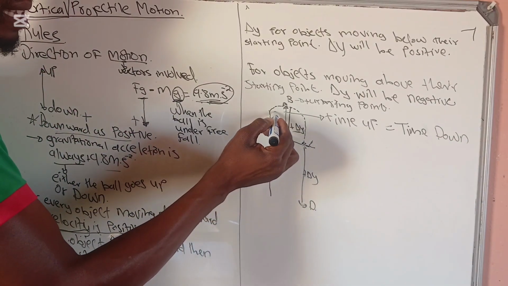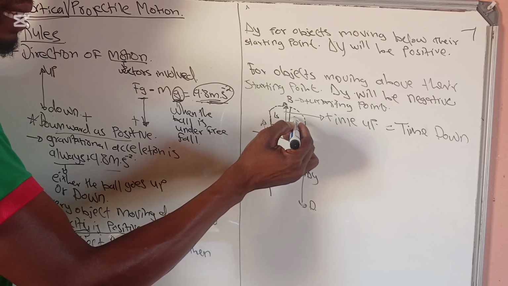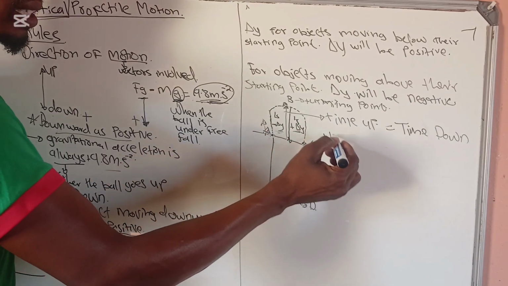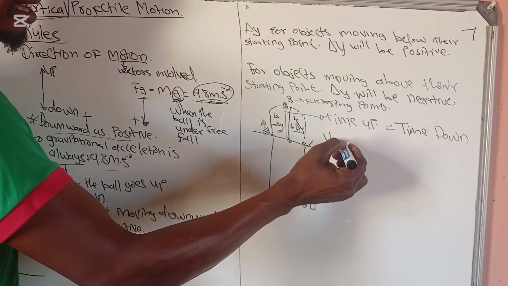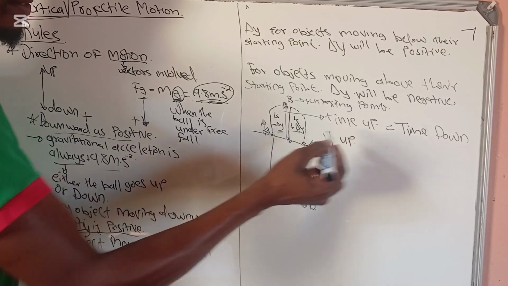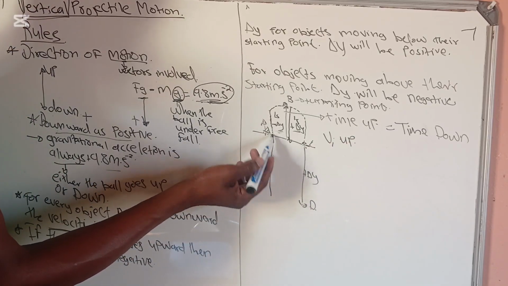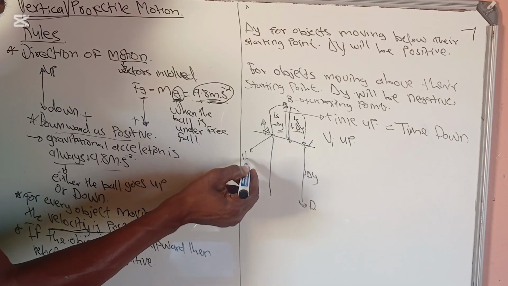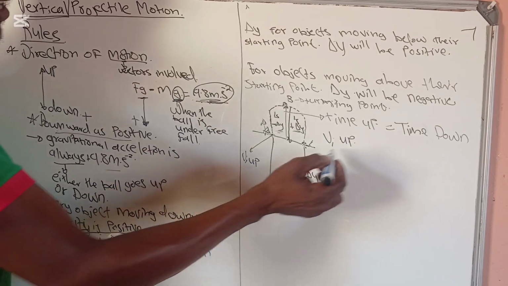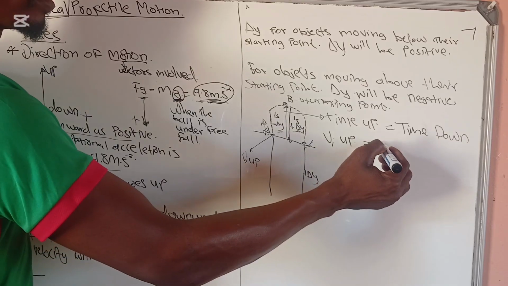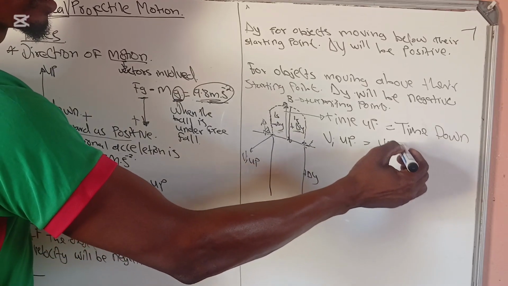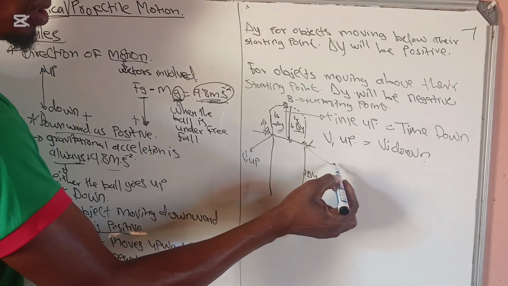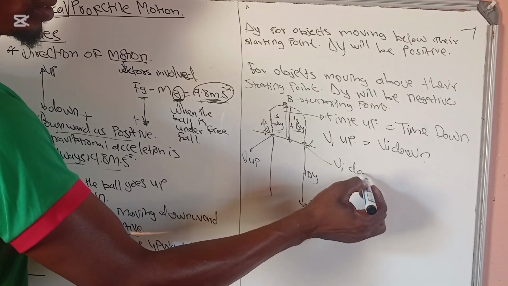So if it takes 1 second going up, it takes 1 second coming down. And another one: the initial velocity going up is equal to the initial velocity going down. It must be equal.